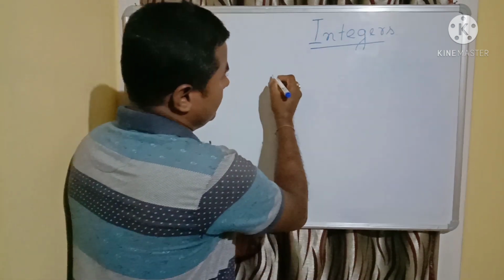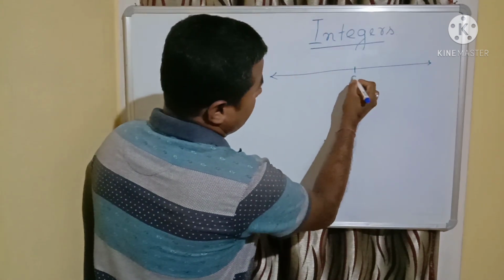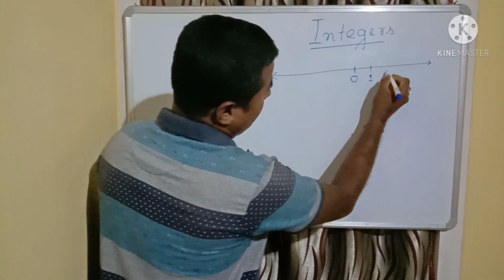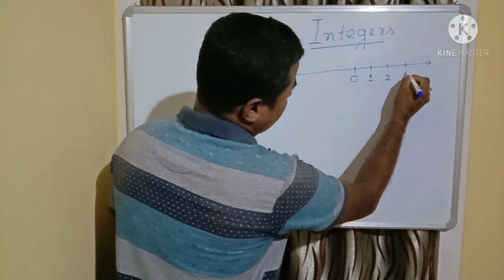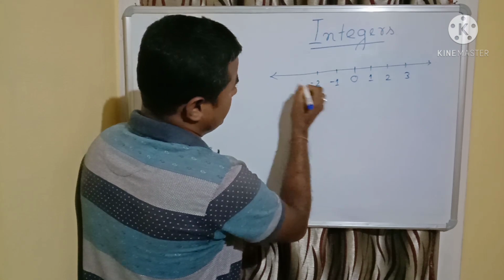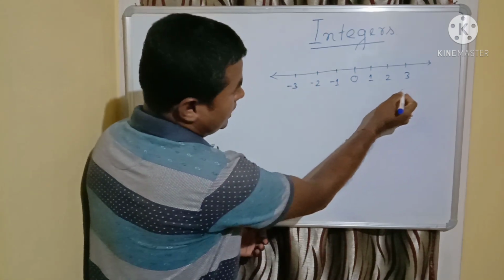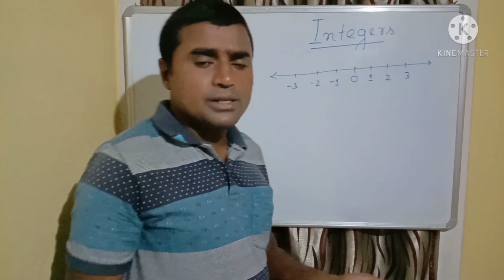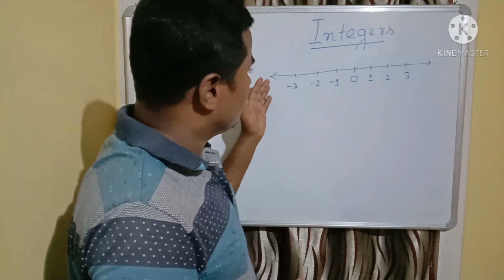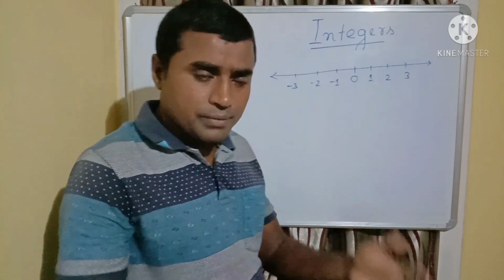I again draw the number line. In the middle it is 0, then 1, 2, 3, then -1, -2, -3.